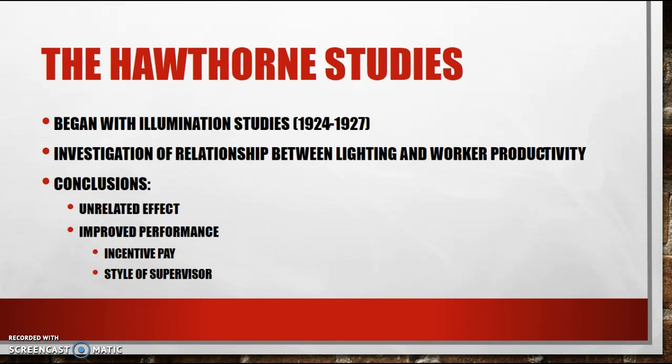So during this era, there were many Hawthorne studies. These studies began with the Illumination studies in 1924 to 1927. They began as an investigation into the relationship between lighting in the factories and whether that influenced worker productivity. They came to the conclusion that lighting and worker productivity were unrelated, but they did find that there was improved performance, and that the improved performance was due to incentive payments and the style of the supervisor.